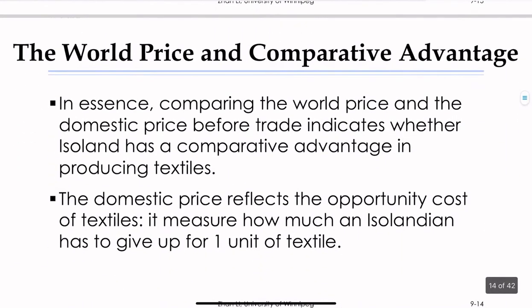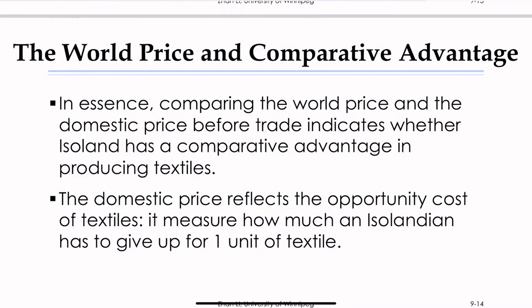And how is this result related to comparative advantage? Well, think about this. What is a domestic price? Domestic price in Iceland actually reflects the opportunity cost of textiles, right?